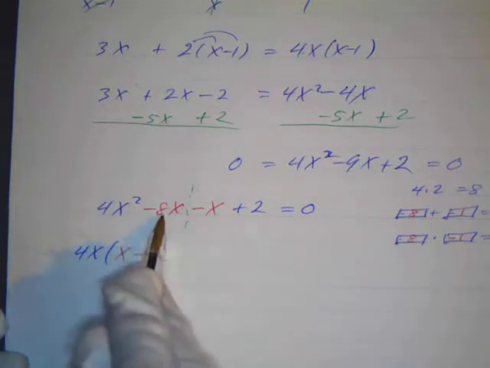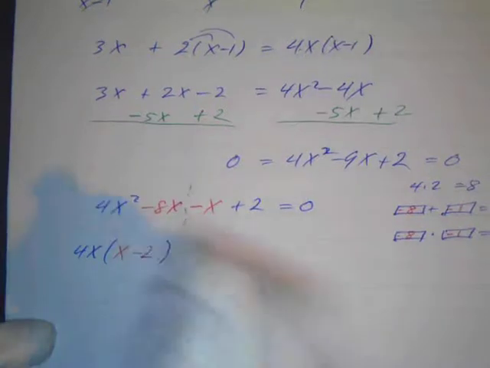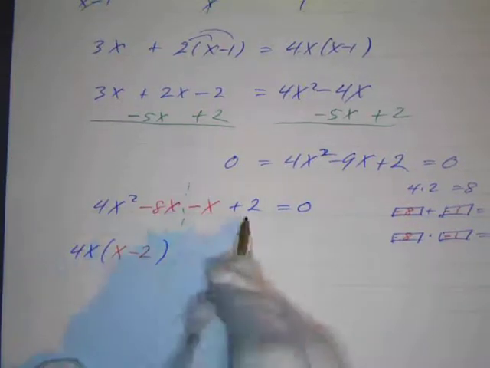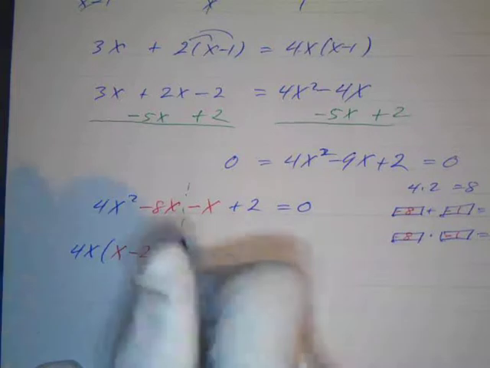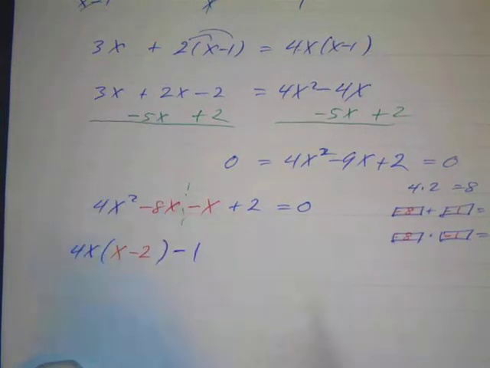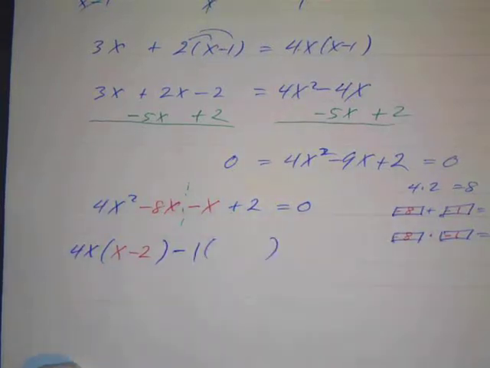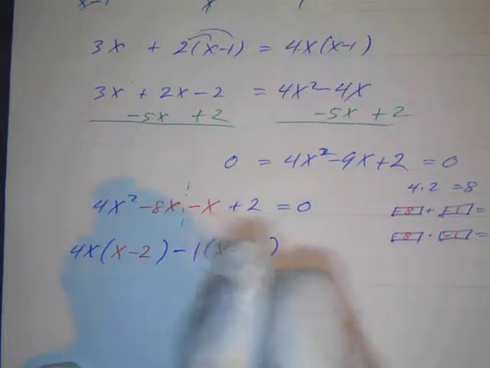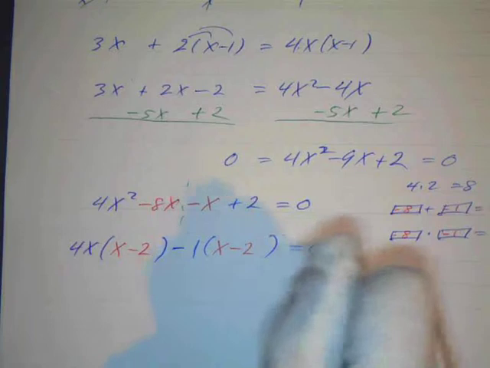If I take a 4 out of 8, I get 2 and an x. I just get the 2. And out of these two terms, we always factor out the leading sign, so I'm going to factor out a negative 1. And what's left is x minus 2. Again, this is still equal to 0 because it's a quadratic.